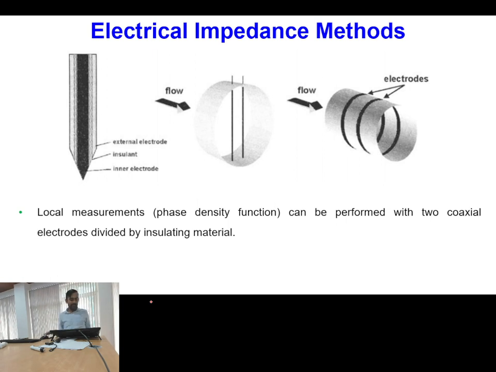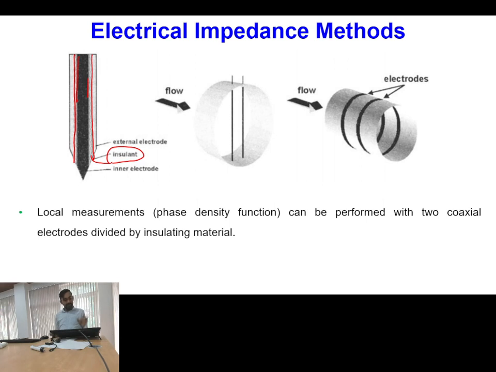Here you can see one typical probe. In this probe you have one outer cylinder electrode and one inner electrode, and in between the inner and outer electrodes you have some electrical insulation.